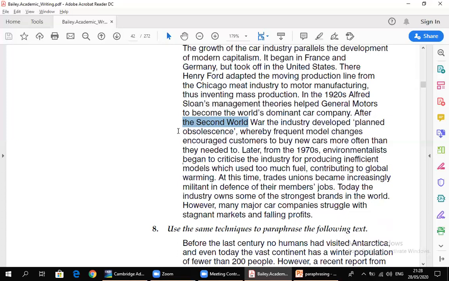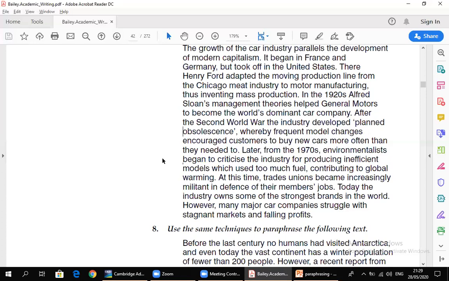I think it's more specific here. We don't need to change it. Yeah, exactly, so let's keep it. The industry developed planned obsolescence. The same thing as well. This term, planned obsolescence, is also a very limited one, so we can just paraphrase it, but we cannot give the same meaning actually. So I believe we just need to leave it like this, planned obsolescence.